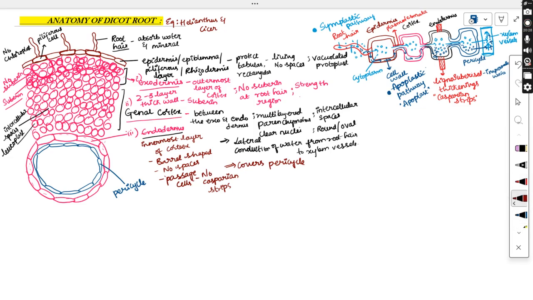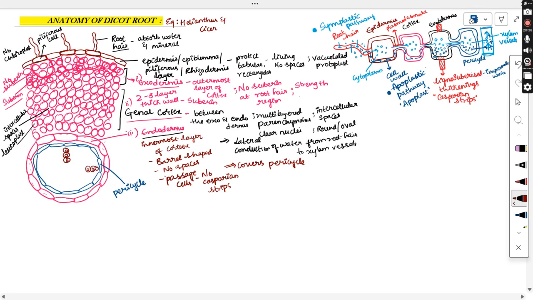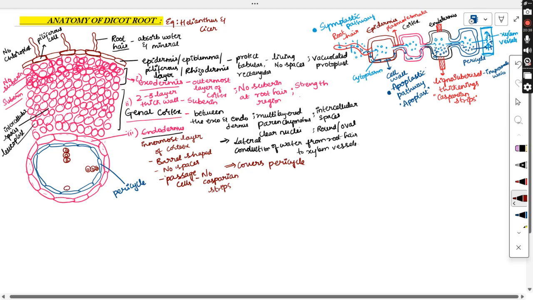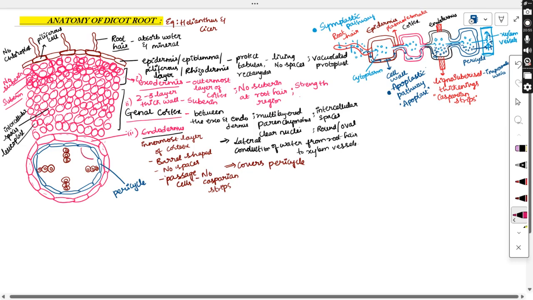So let us try to draw. There will be xylem, which is arranged like patches. It is arranged like a separate strand. Suppose you see xylem is on one radius and the phloem is on another radius. So let us say the xylem is present in this way, and in between the phloem is present.